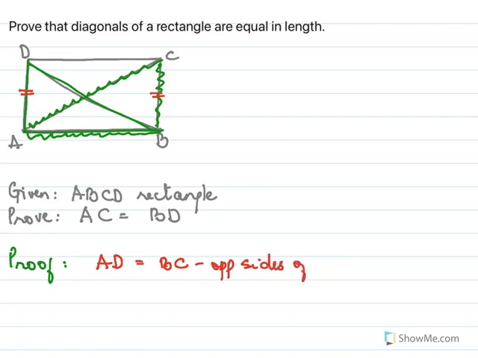Then angle A equal to angle B equal to 90, angles of a rectangle.